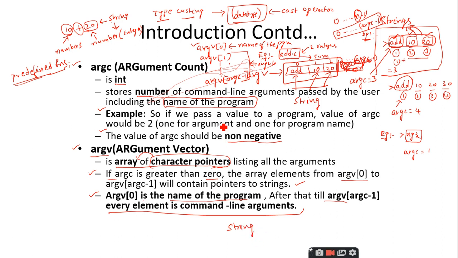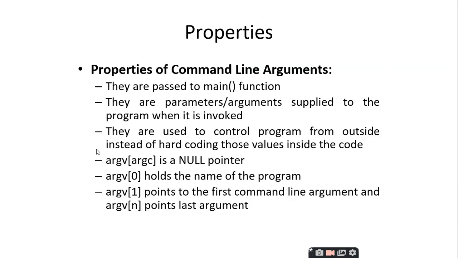So, we have got some idea on this argument count and argument vector. Let us discuss some of the properties of the command line arguments. All these properties are whatever we have discussed till now. So, the command line arguments are passed to the main function, we know this very well, and the command line arguments are the parameters or arguments that are supplied to the program when it is invoked.